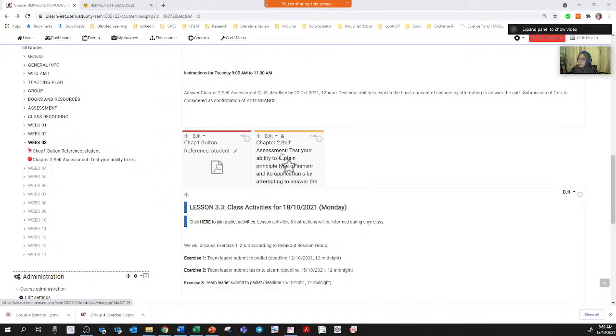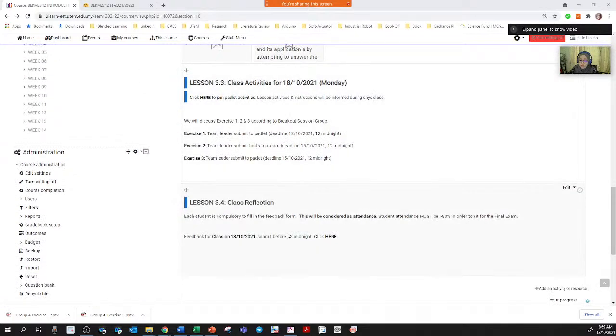You should be able to get more than half. If you want to score for the midterm exam, the midterm exam will cover this chapter also. And don't forget to open the submission for this week. Is it open yet?